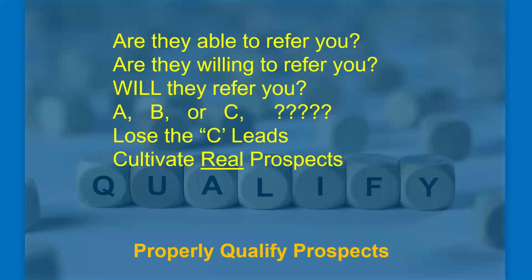Either they are an A client, which is awesome, or a B client, which is debatable, and a C client, in my opinion, stands for crap. Lose the C clients or lose the C leads. They're not even clients. Spend your time cultivating real, actual, legitimate, willing to refer you prospects.